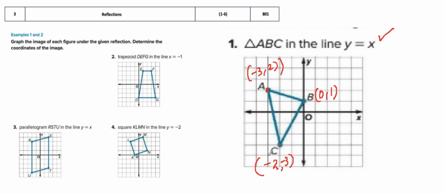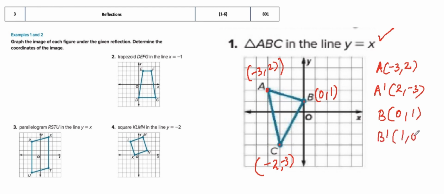Now how to reflect in the line y equal to x? You just need to swap the numbers. So A is minus 3, 2, which will become A dash. Just swap the numbers: 2, minus 3. Similarly, B is given to you 0, 1, it will become 1, 0.